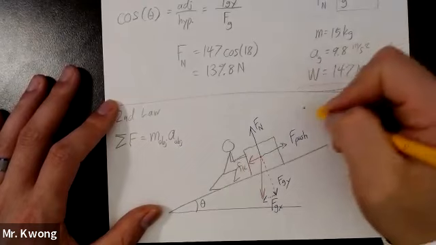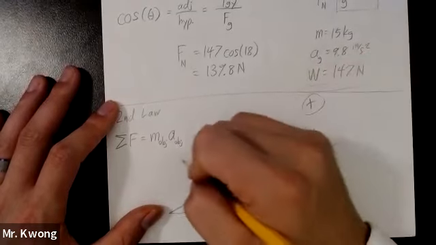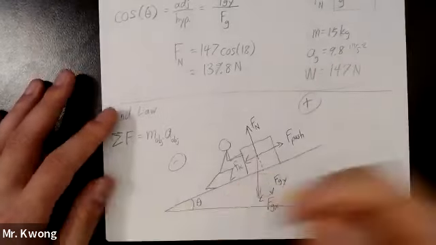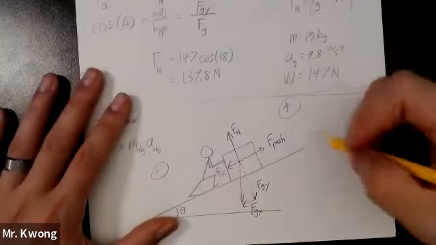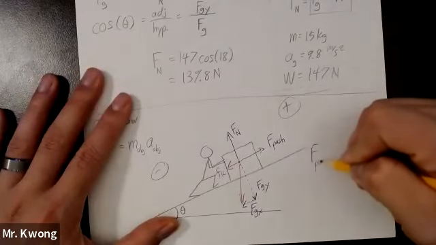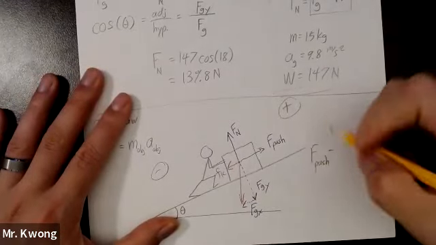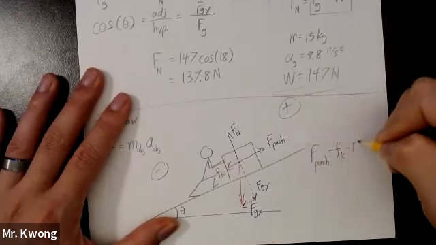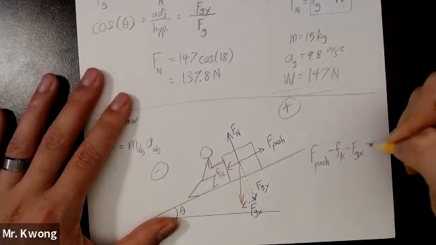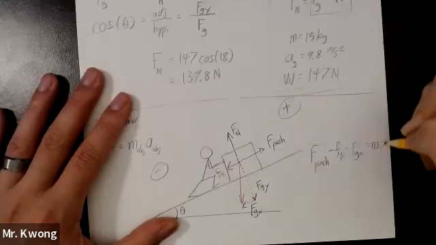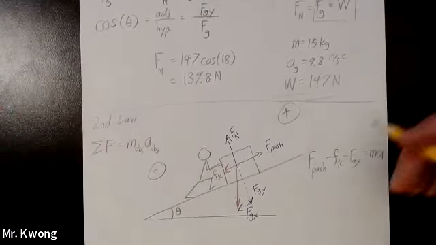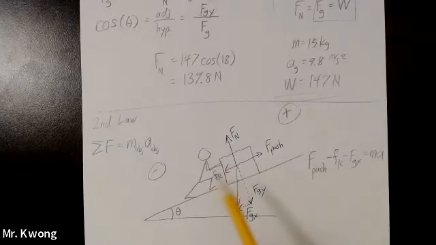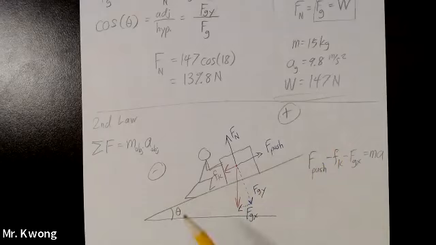If this is the positive direction and this is the negative direction, we could say that you have the force of the push minus the force of friction minus the force of gravity in the x direction equal to the mass of the box times the acceleration of the box. So we're just looking in the horizontal direction for this second law analysis.